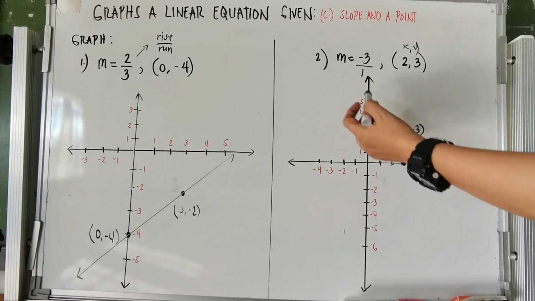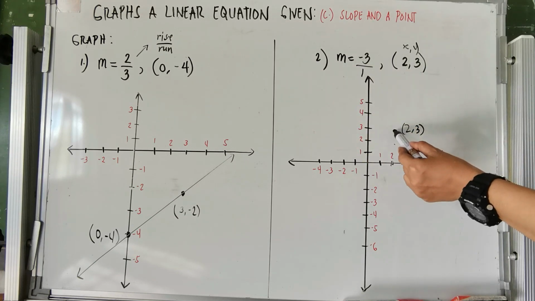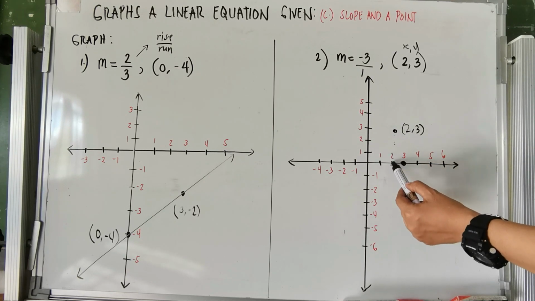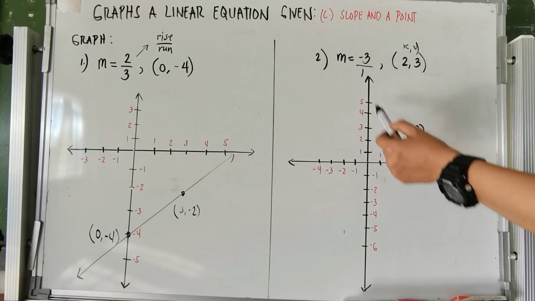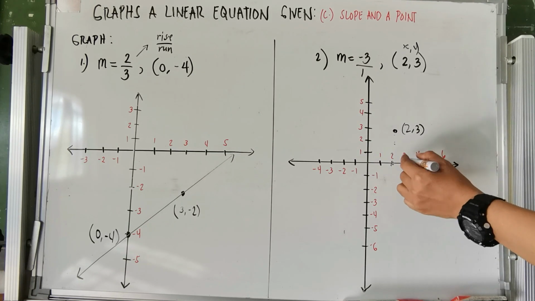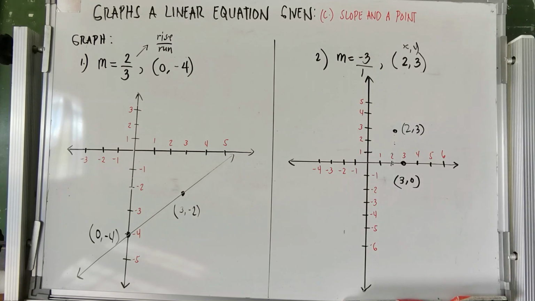So ulitin ko, negative 3 over 1. From this point, bumaba tayo ng 3 units. 1, 2, 3. Then 1 unit to the right. Kaya dito sa eksaktong coordinate na (3, 0) tayo tumapat.